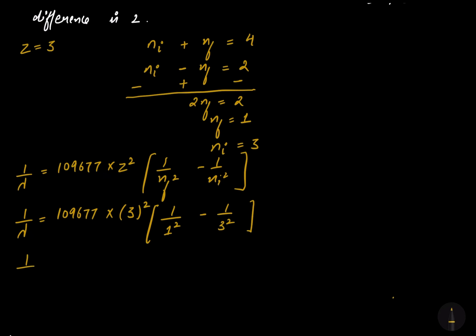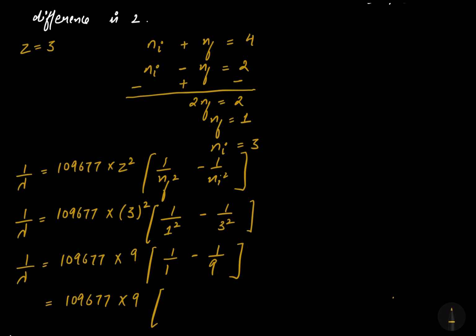So 1 by lambda comes out to be 109677 into, 3 square is 9, bracket 1 minus 1 by 9, bracket closed, and this comes out to be 109677 into 8 upon 9.